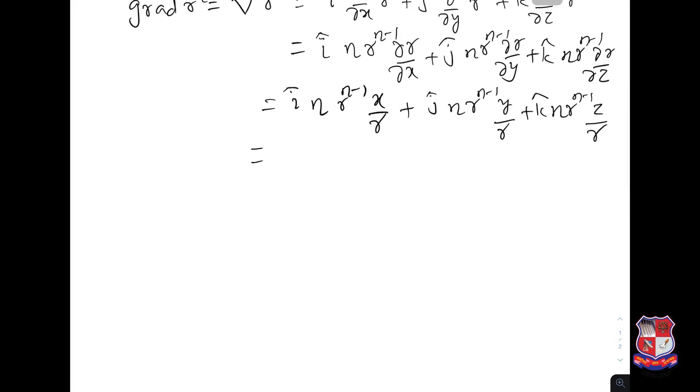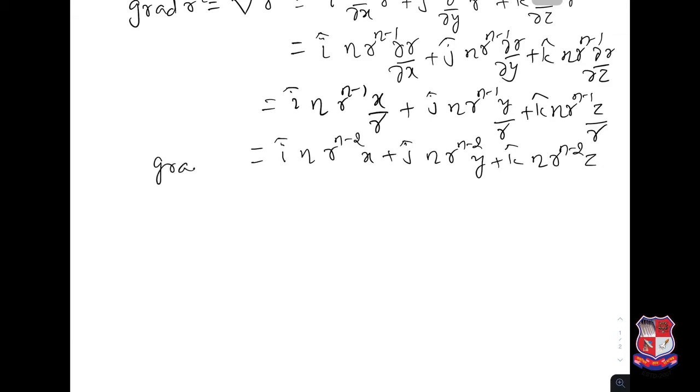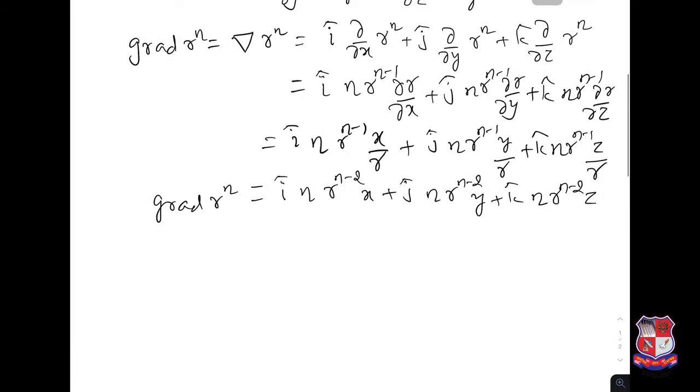And so this is equal to i n times r power n minus 2 x plus j n r power n minus 2 y plus k n r power n minus 2 z. This is gradient of r power n.